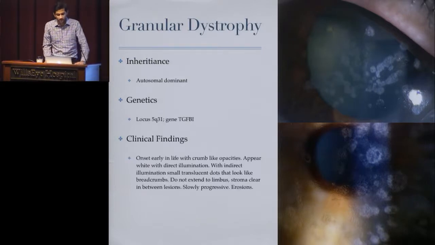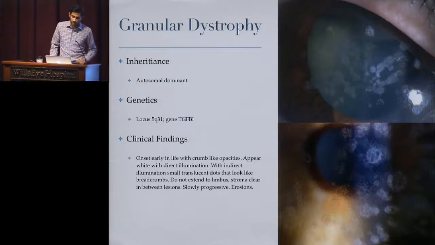All right, so granular. The way I like to think about this, first of all, it presents early in life. You get these crumb-like opacities. The key is they're usually central, so they don't extend to the limbus. And when you look at a dystrophy, you want to look for patterns. You want to look at where is it in the cornea, central or peripheral, how deep does it go, full thickness, anterior stromal, and then in between the lesions, what does the cornea look like?